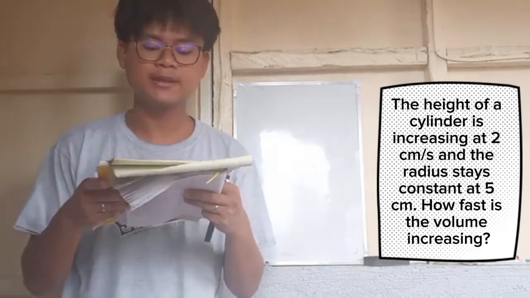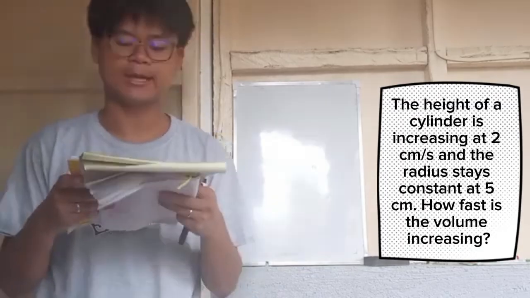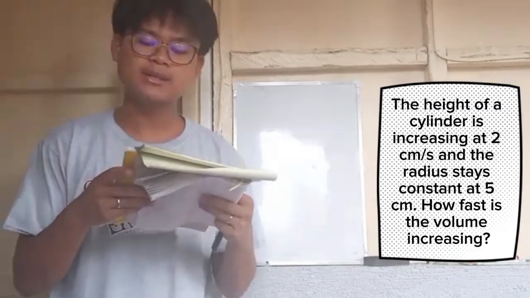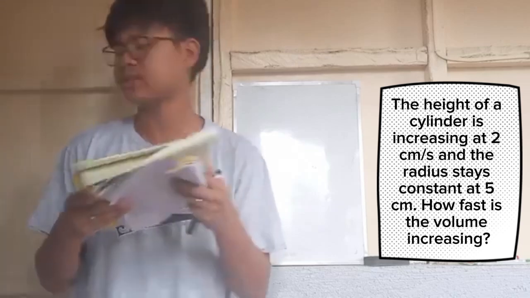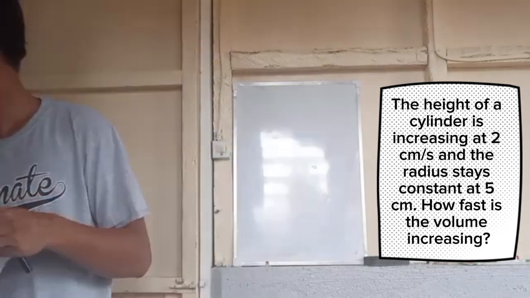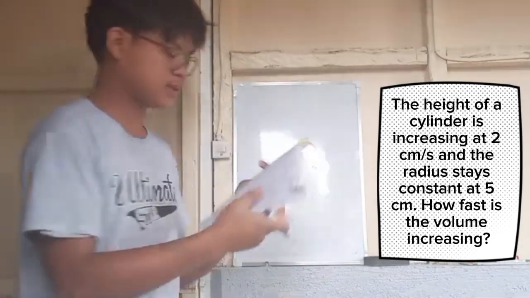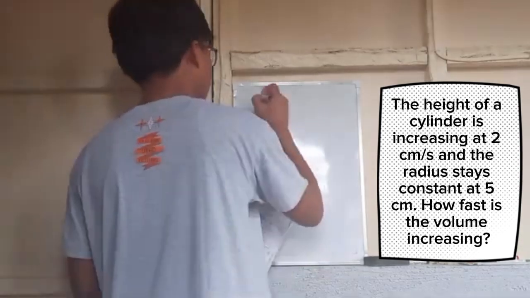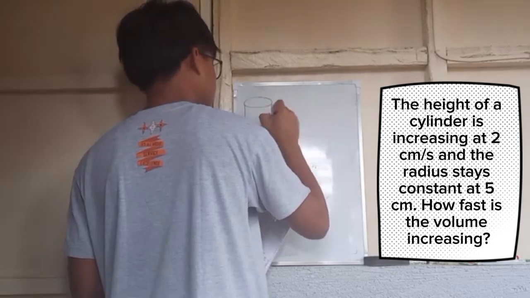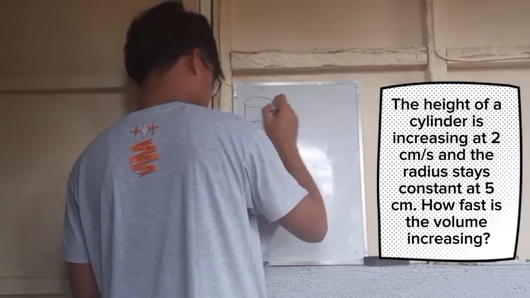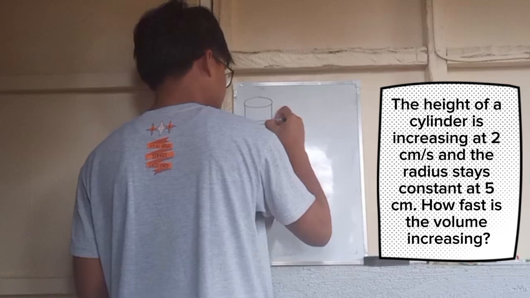The height of a cylinder is increasing at 2 cm per second, and the radius stays constant at 5 cm. How fast is the volume increasing? So, we'll draw what is stated in the problem, a cylinder where the radius is 5 cm.